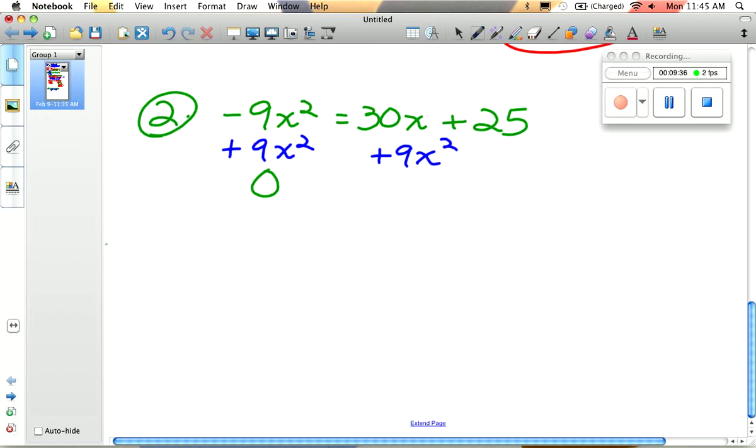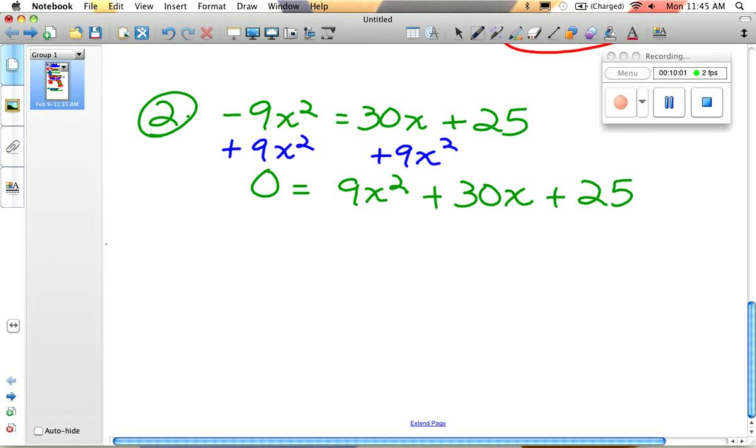So we're going to let this side be our 0 this time, and in standard form, the 9x squared would come first, followed by the 30x, followed by the 25. So again, if it means moving 2 things, move 2 things. Have a positive a value.